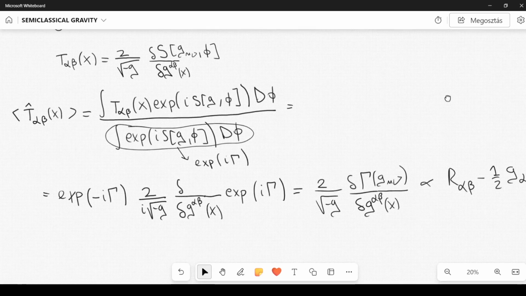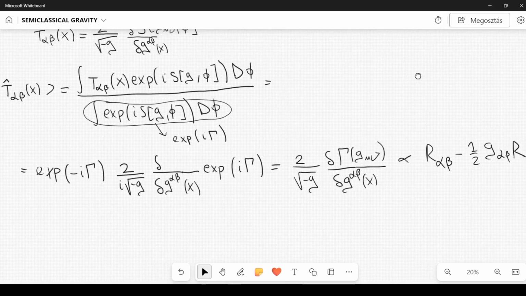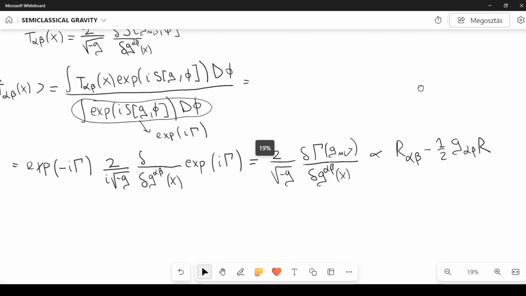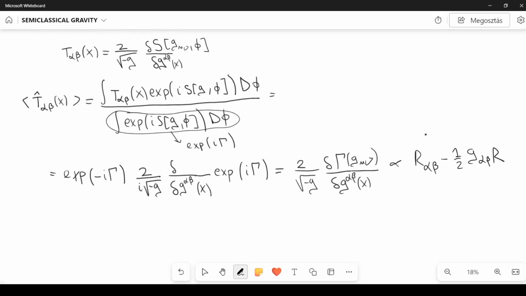The proportionality coefficient is the usual 8 pi G divided by c to the fourth if you keep all the units. If you choose units such that c is equal to 1, then of course you just have 8 pi G. It depends on the units that you want to use.